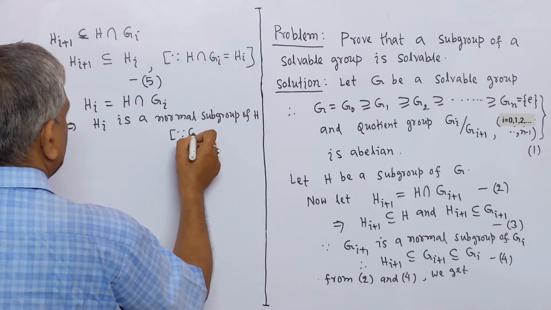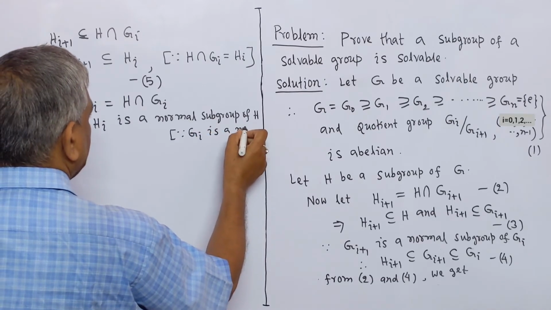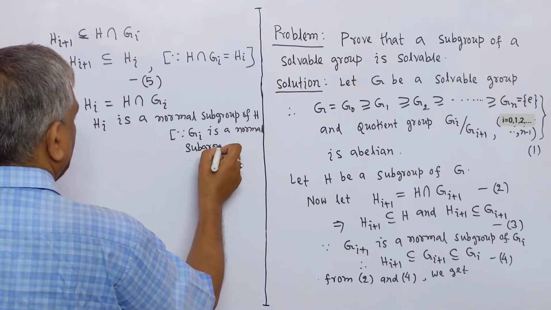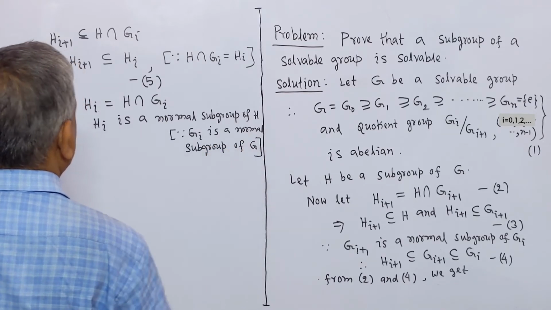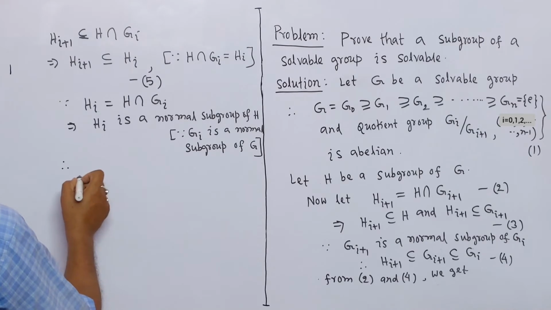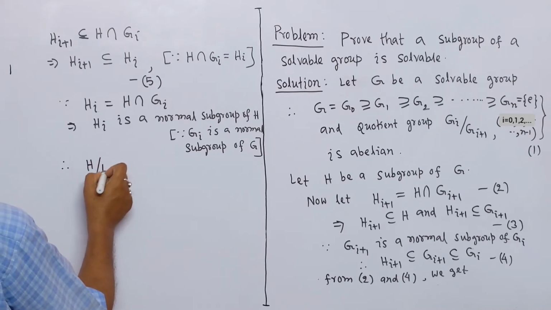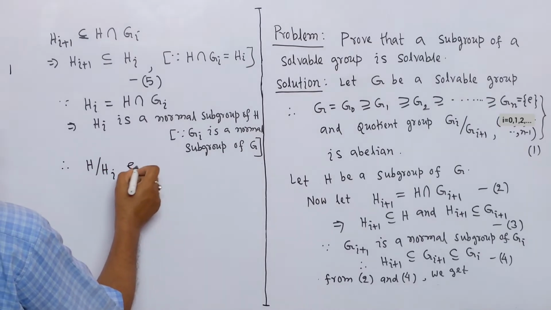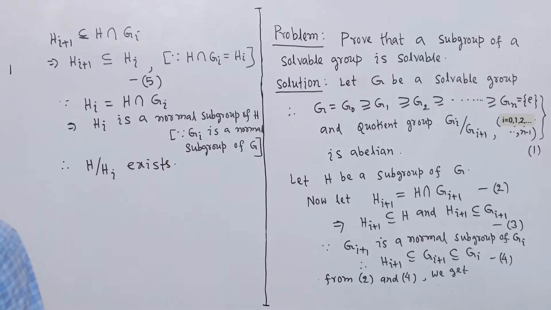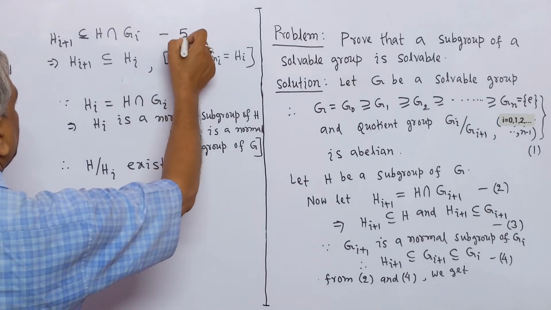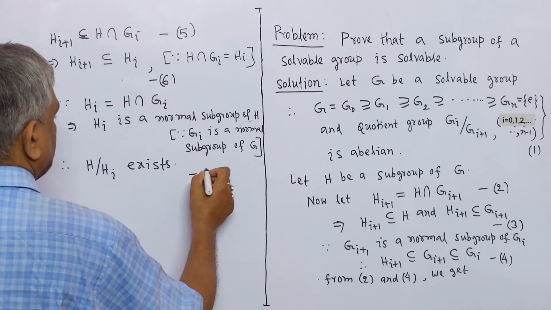Since Gi is a normal subgroup of G, therefore the quotient group H by Hi exists. This is number 5 and this is number 6. This is number 7.